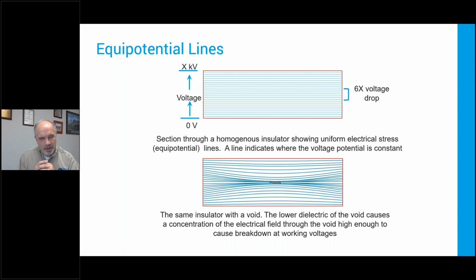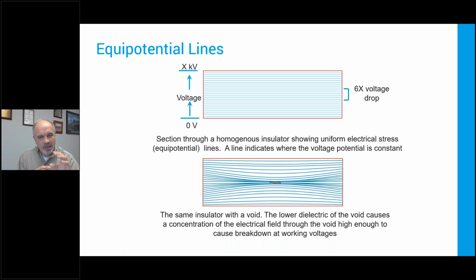Now, if I had a void in the middle of that material where the dielectric constant is very different than the rest of the insulation, my voltage distribution will change. And the result of that is I have a higher stress level where I have a lower dielectric constant. So the void is going to have a much higher voltage across it, and that's going to cause it to spark over.